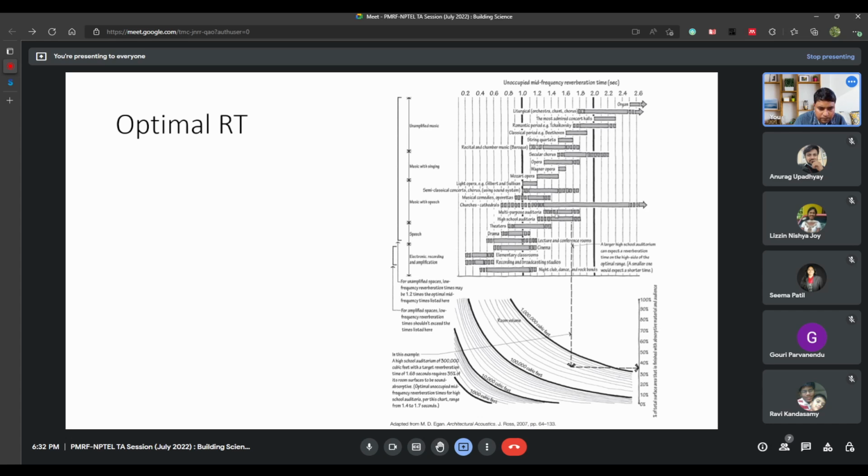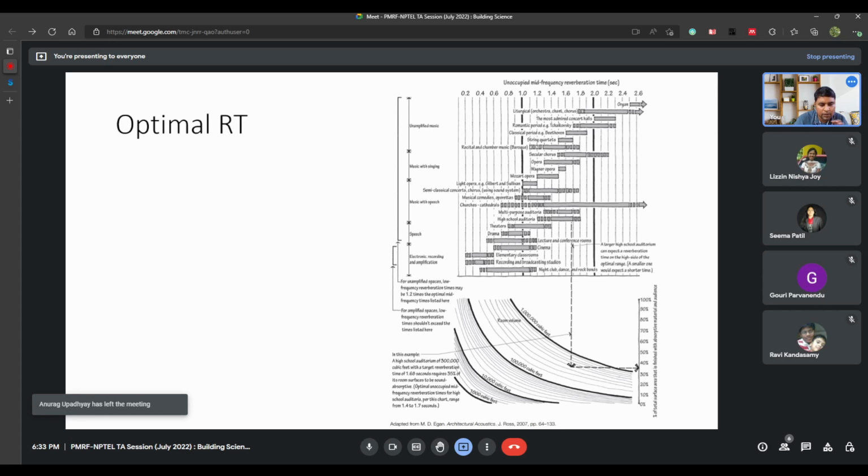To achieve that, there is also another graph at the bottom, where the vertical axis shows the percentage of total surface area that is finished with absorption material and audience. It gives an indicator that for a particular space, you can refer to it to find out what percentage of the surface in the whole volume you should treat acoustically.